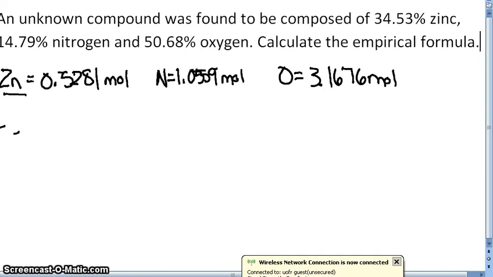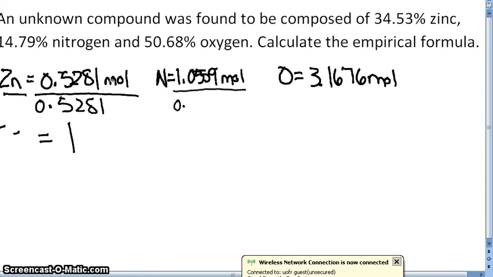And so we take that number of moles and we divide each other number of moles by that. So take your first one and divide that by 0.5281, and that gives you 1. Take nitrogen, divide it by 0.5281, and that gives you 1.99, which we are going to round to 2.